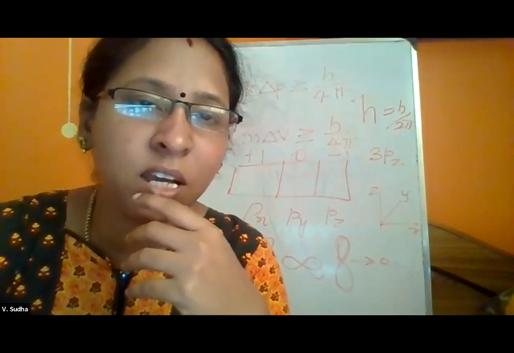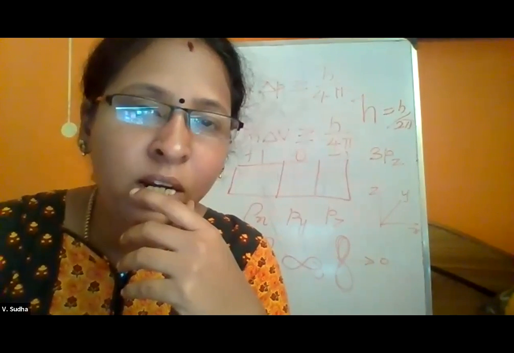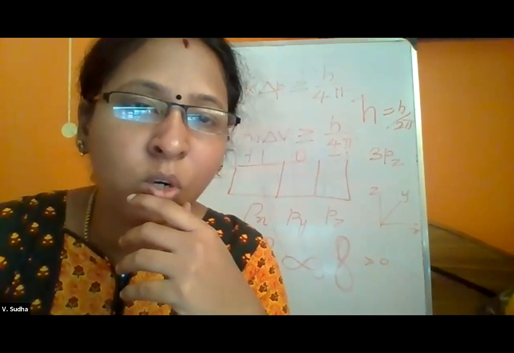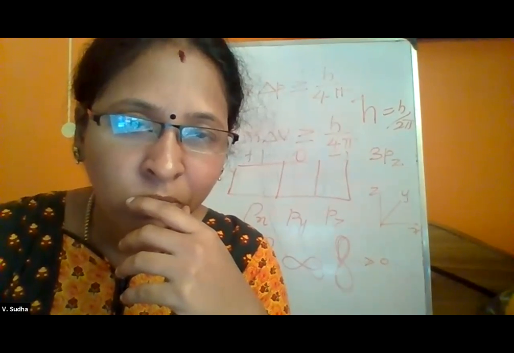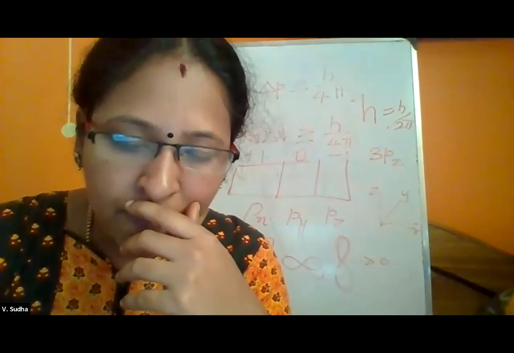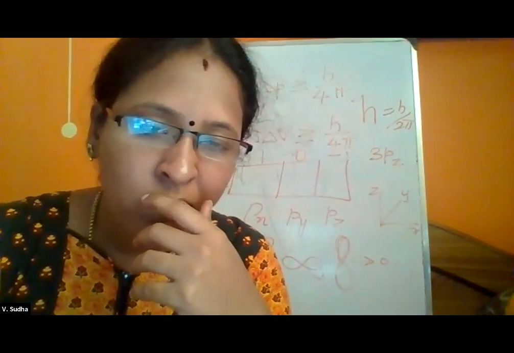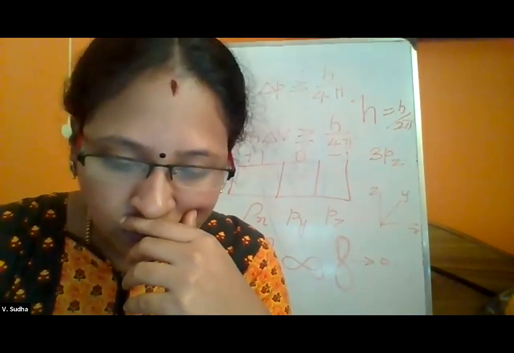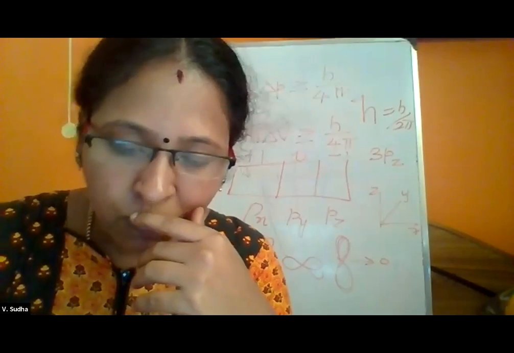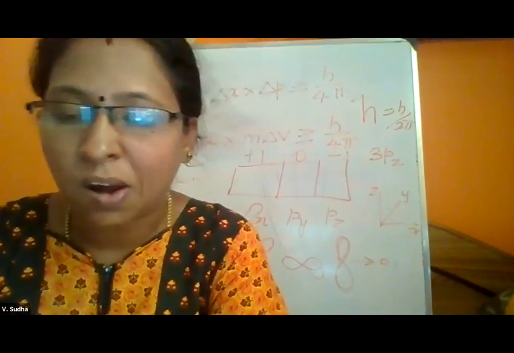Option B, lambda 1 equal to 4 lambda 2. Option C, lambda 1 is equal to half lambda 2. Option D, lambda 1 is equal to lambda 2.